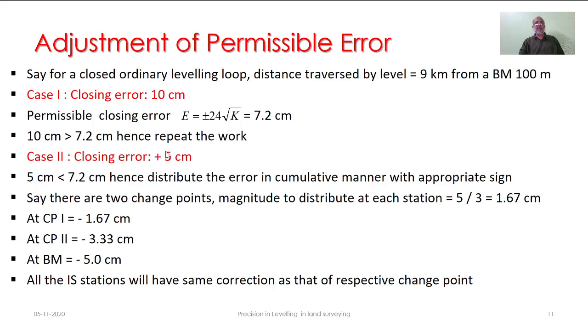As the error is positive, the correction should be negative. Hence, at CP1, the correction will be minus 1.67. At CP2, correction will be minus 3.33. And at benchmark, the correction will be minus 5. It is needless to say that all the intermediate stations will have the same corrections as that applied at the respective change point.